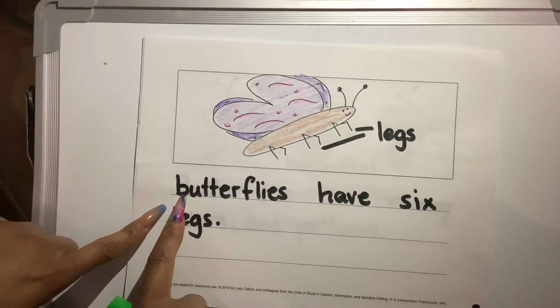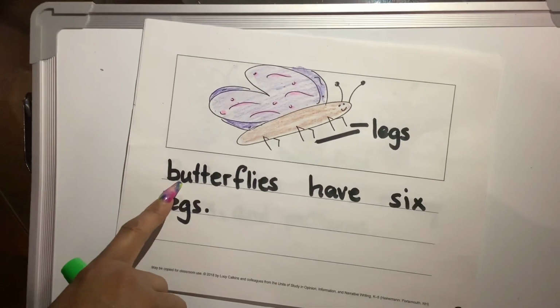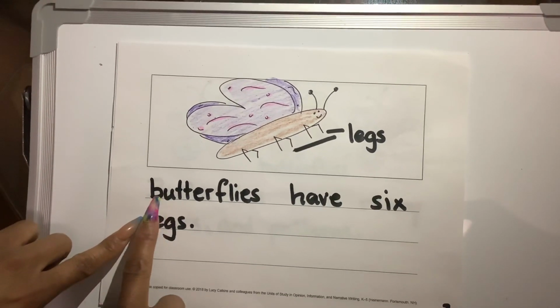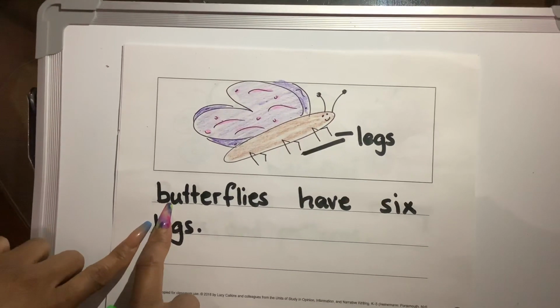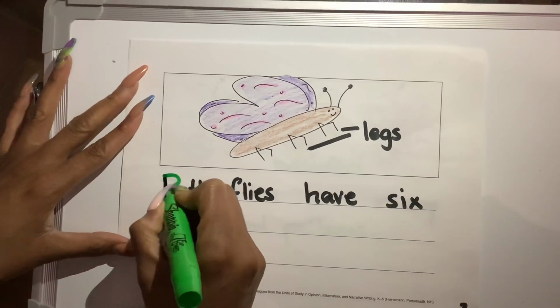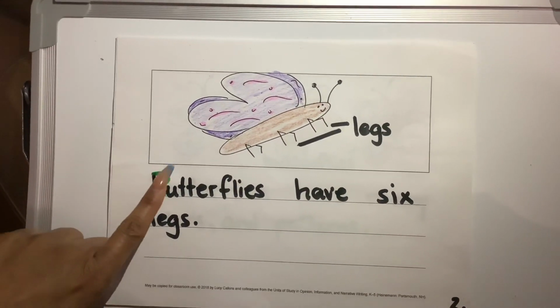I need to begin with an uppercase B. Okay? And if you don't remember what an uppercase B is, boys and girls, make sure to get your alphabet chart. So I'm going to change this B to an uppercase B. Okay? And that might look funny.